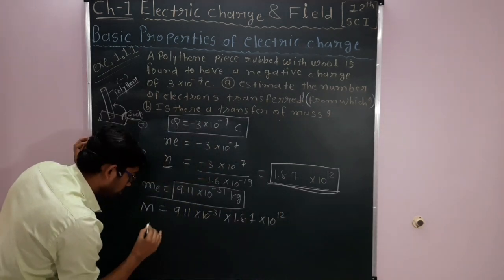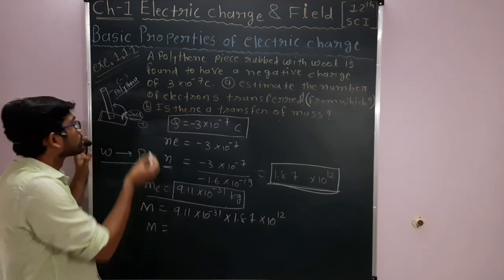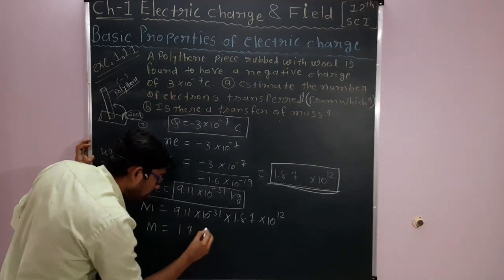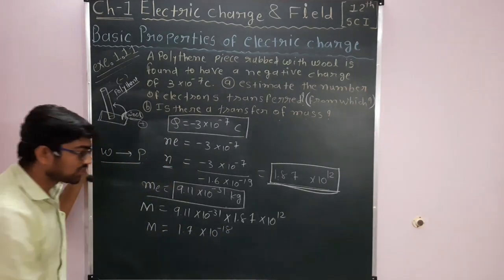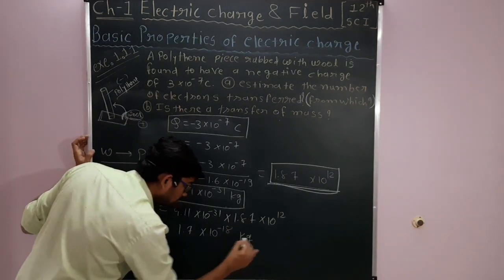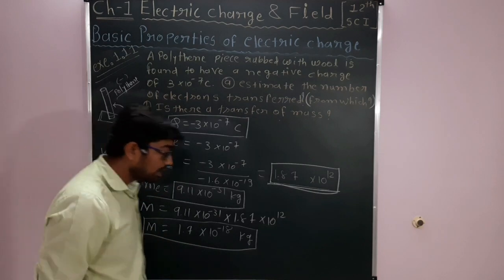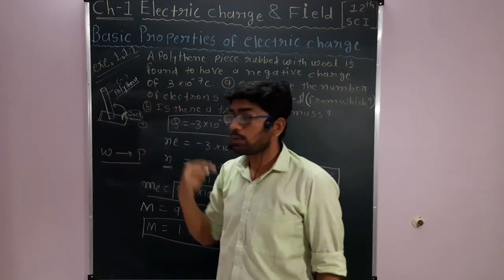By this multiplication we find the total mass transferred from wool to polythene, and that is 1.7 × 10^-18 kg. It's a very small amount of mass, but some mass is transferred from wool to polythene.